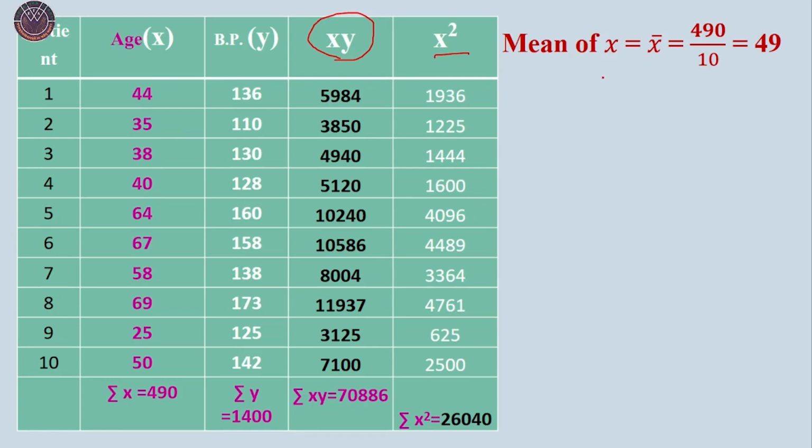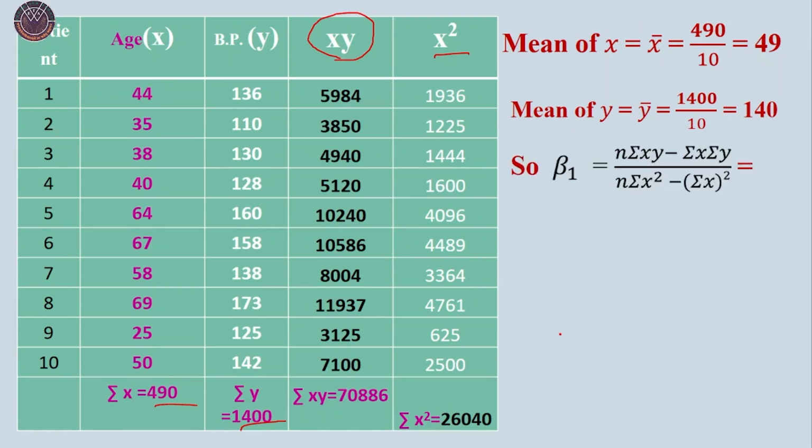Next we can get the mean of x by dividing 490 by 10, so we have got the mean of x as 49, and the mean of y is 1400 divided by 10, so we have got the mean of y equal to 140.